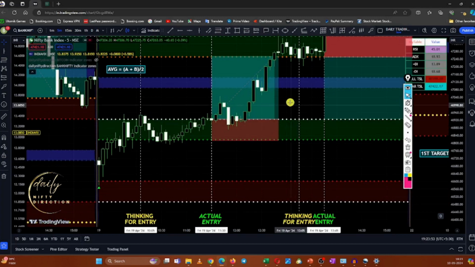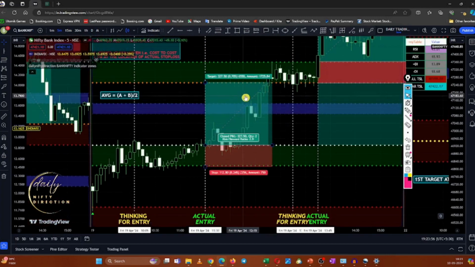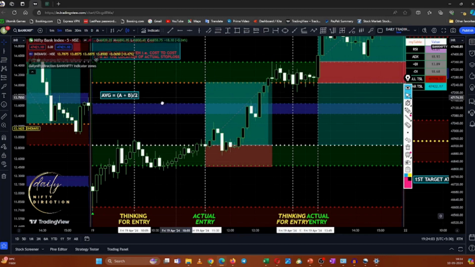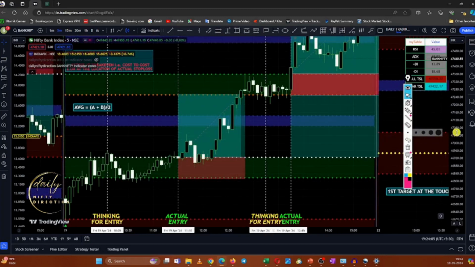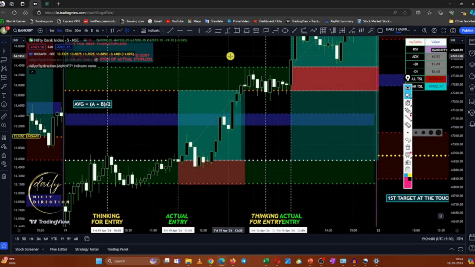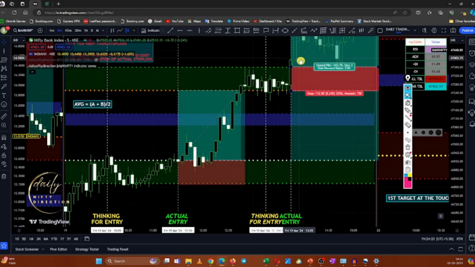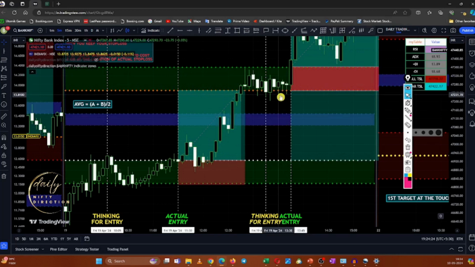So it got your first target hit and second target also hit. Now you were waiting for it to break down because it is your target, and you are looking for profit booking, so that it will come to retest this and then bounce, also possible, or anywhere here retest.